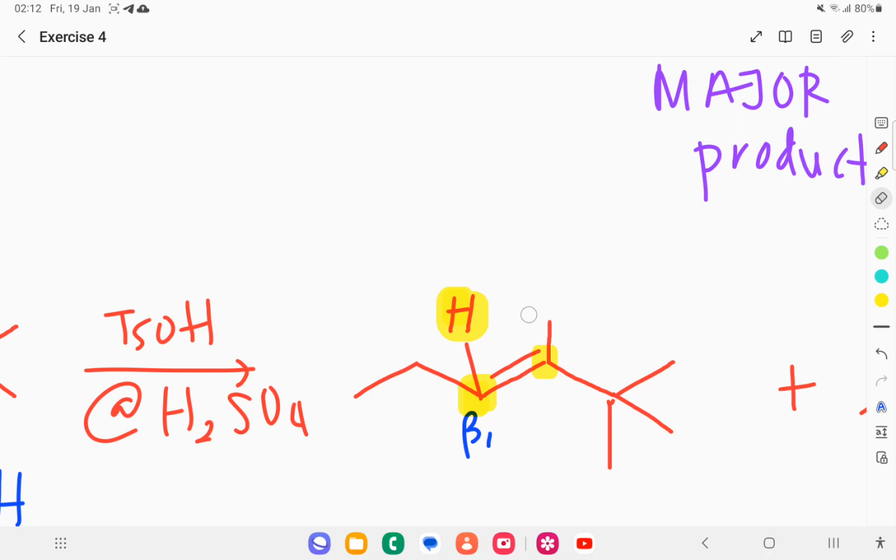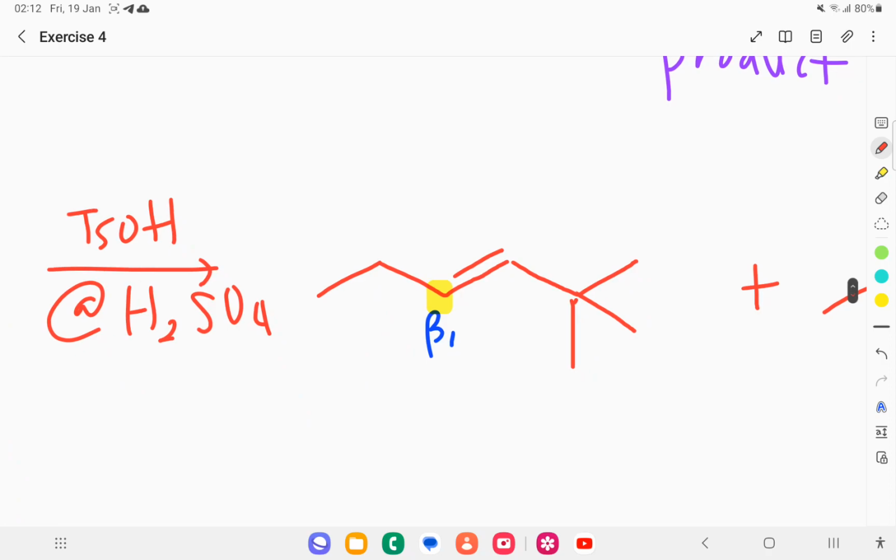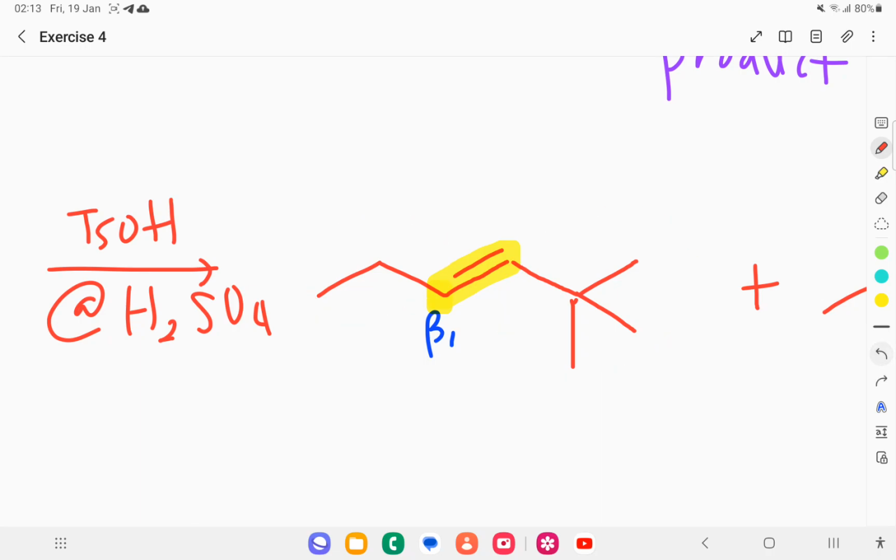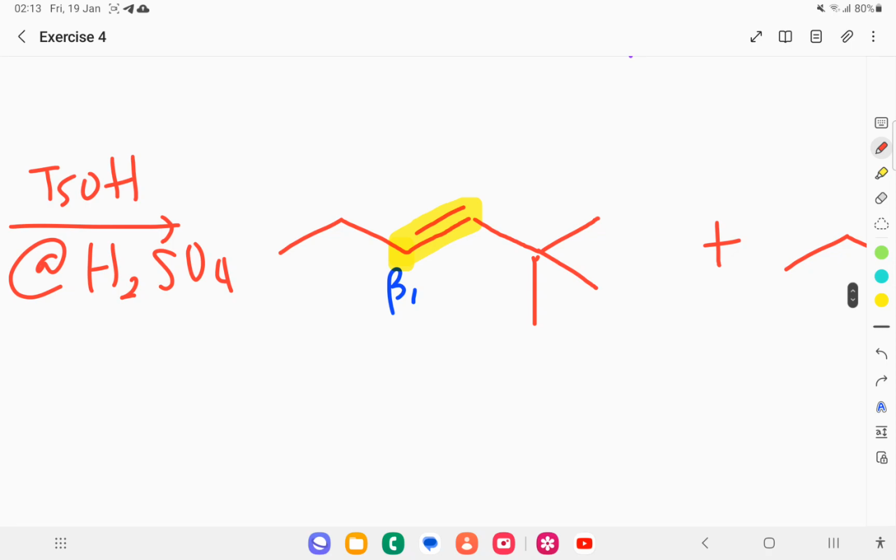Just remove OH, 1 H, and we are done. This is our first product, which is a disubstituted alkene, because it is composed of two alkyl groups attached to the C=C.